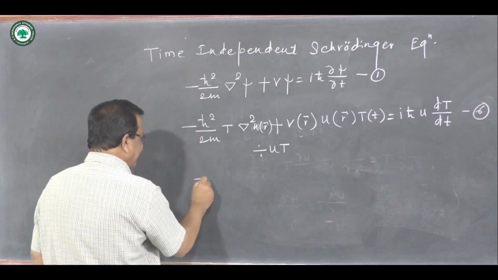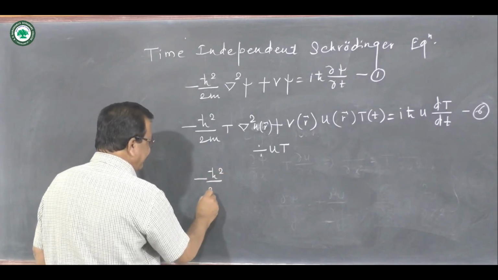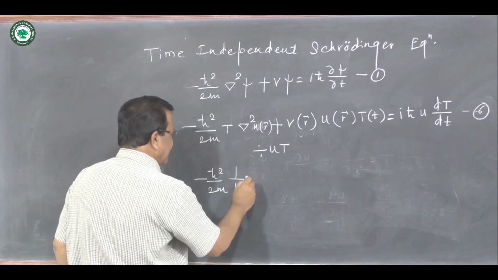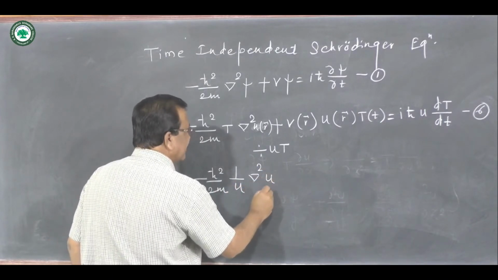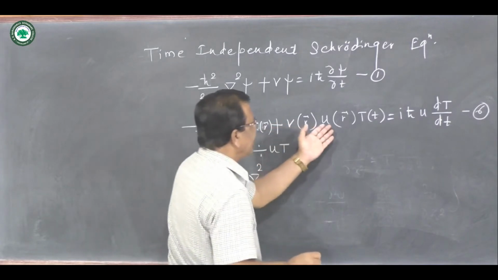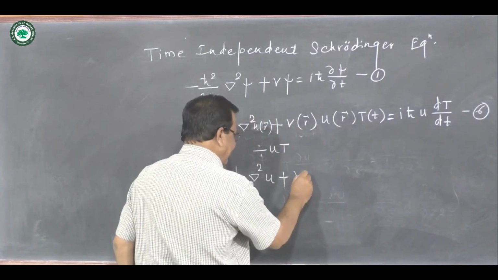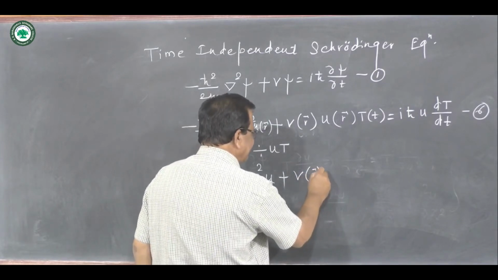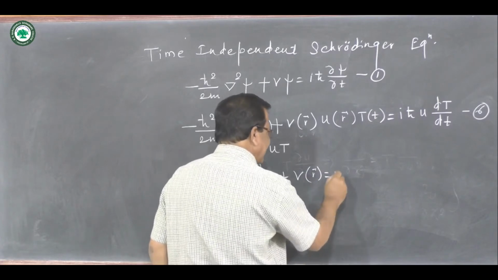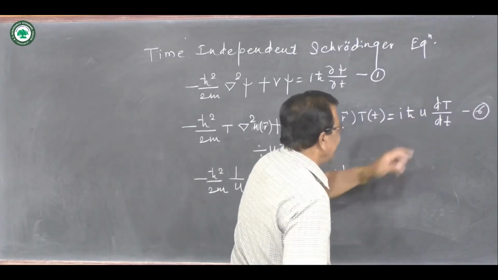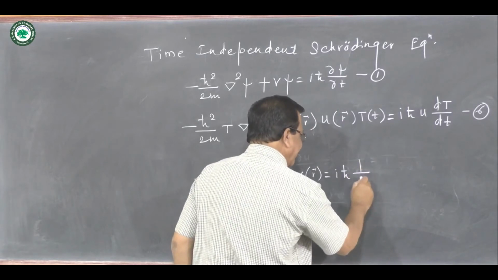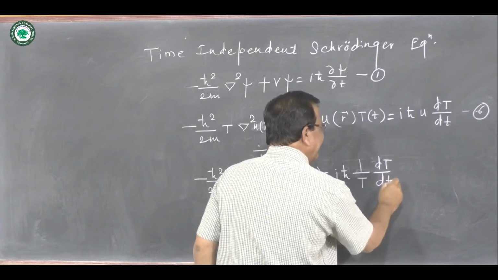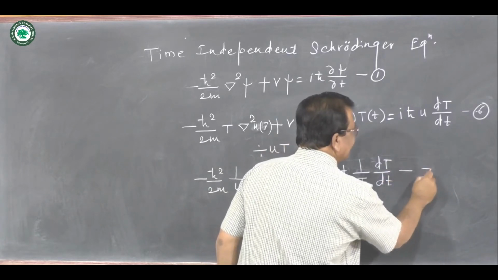Then I will get minus ħ² upon 2m, the T will get cancelled, 1 upon u del square u, plus V, which depends only on r, because it is divided by uT. On the right hand side it is iħ divided by uT, so u will get cancelled, and I get 1 over T dT/dt. This is our equation number 7.